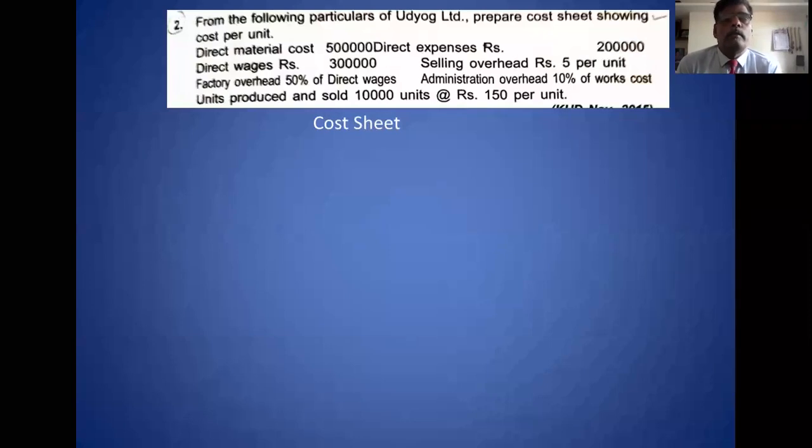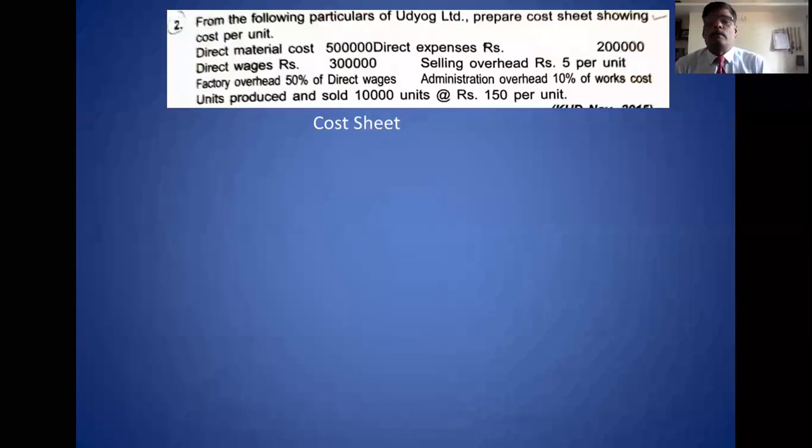In this problem, direct material cost is 5 lakh, direct expenses 2 lakh, direct wages 3 lakh, then selling overhead rupees 5 per unit, factory overhead 50% of direct wages, administration overhead 10% of factory cost, units produced 10,000, and selling price is 150 per unit.